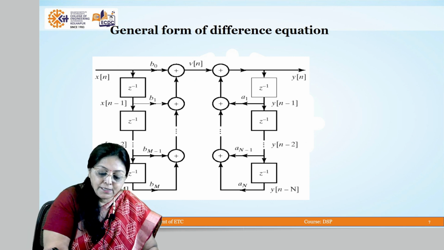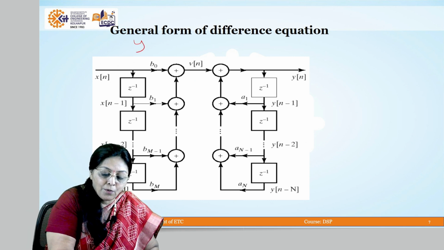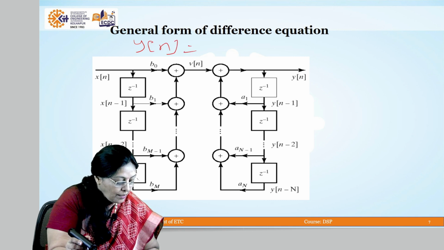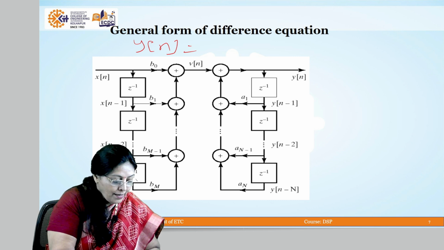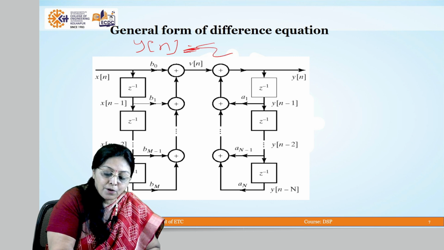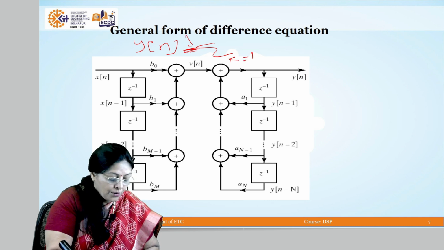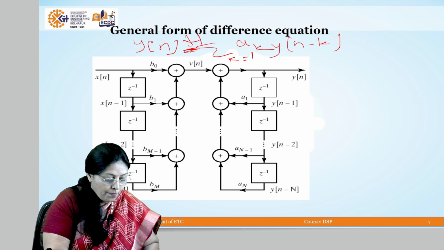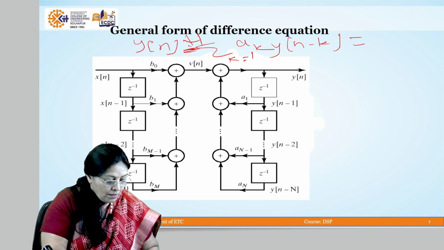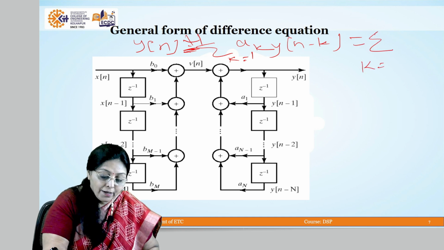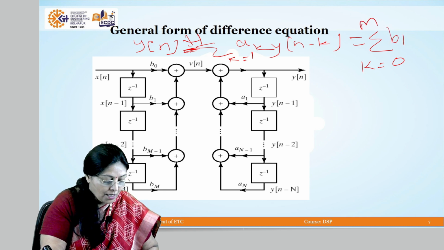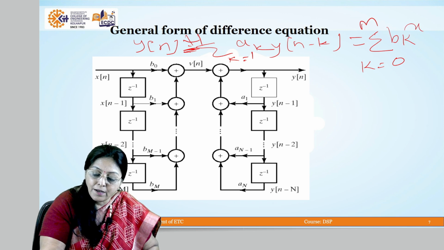Suppose there is a difference equation, we can write y of n minus summation k varies from 1 to capital N of a of k, y of n minus k, which is equal to summation k equal to 0 to capital M of the constant b of k multiplied with the delayed input x of n minus k.